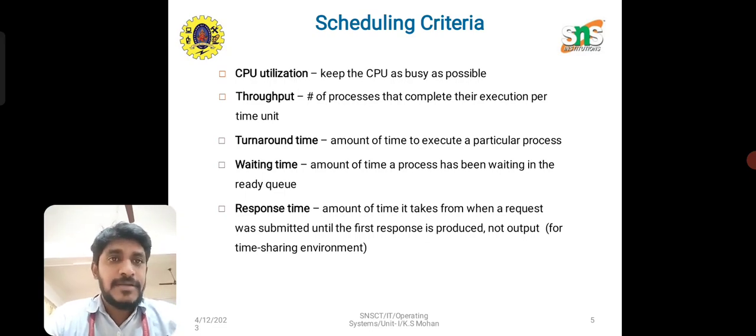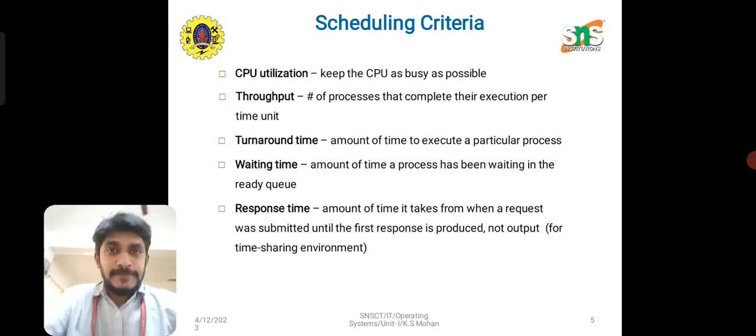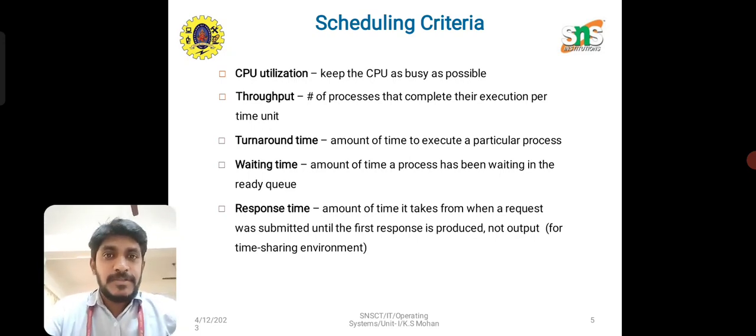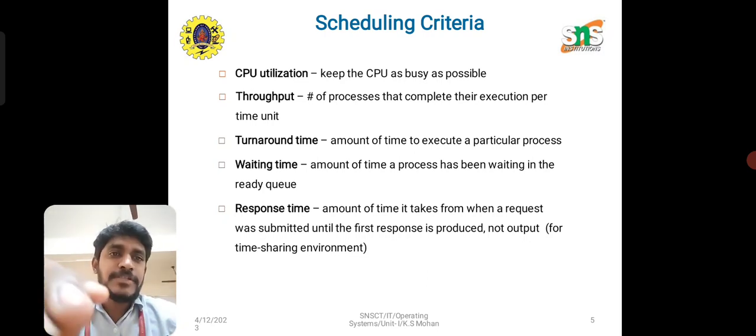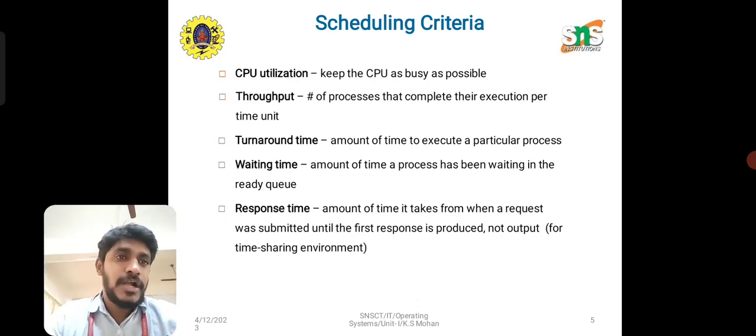Then response time is the amount of time from when a request was submitted until the first response is produced, not output, for a time-sharing environment.